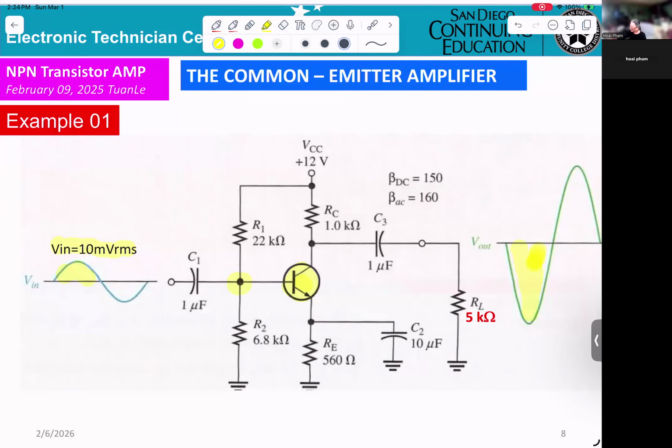Okay? Now, what do they want you to calculate? They also give you beta DC 150 and beta AC 160.